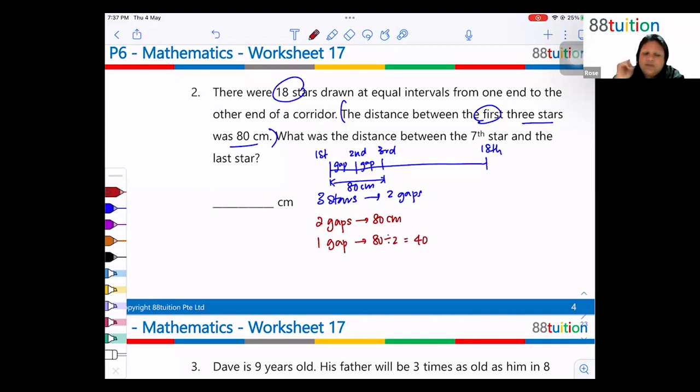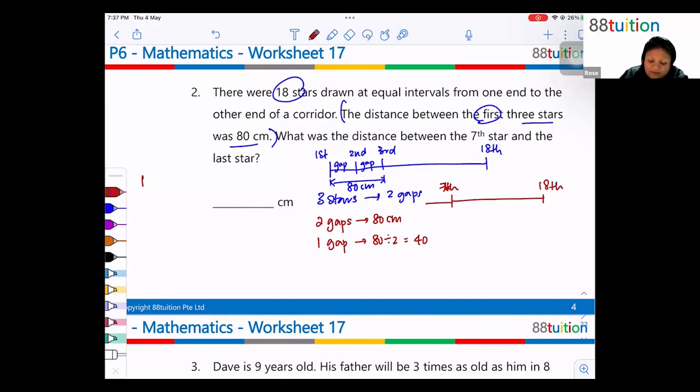Now, the question says, what was the distance between the 7th and the 18th star? First, you need to find out how many gaps there are.